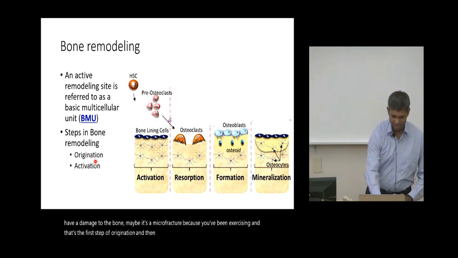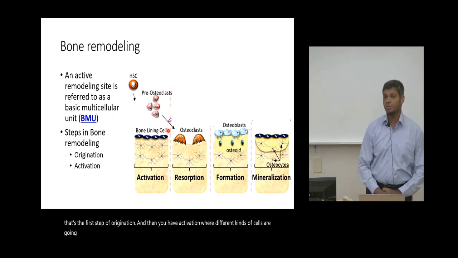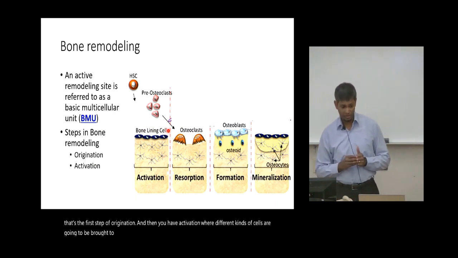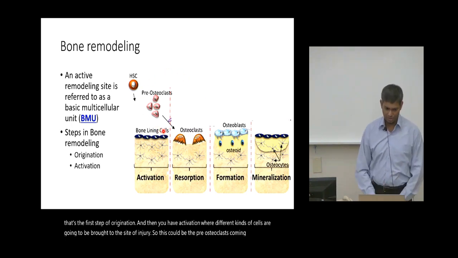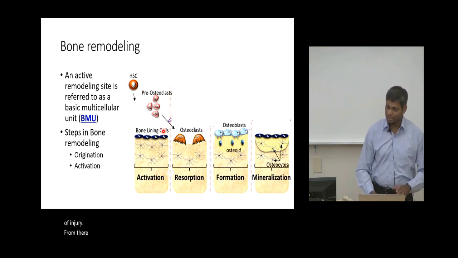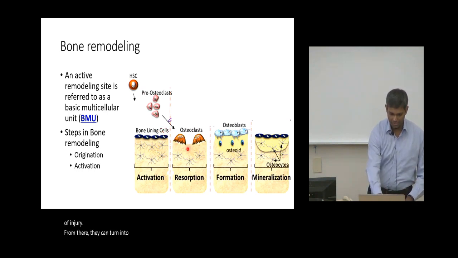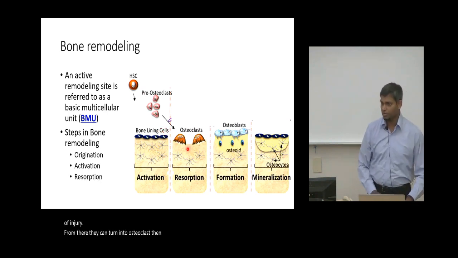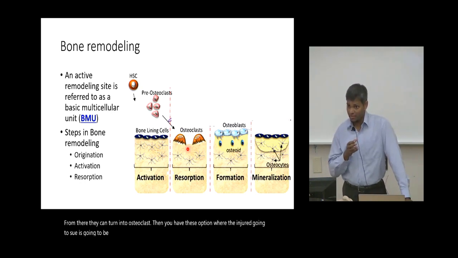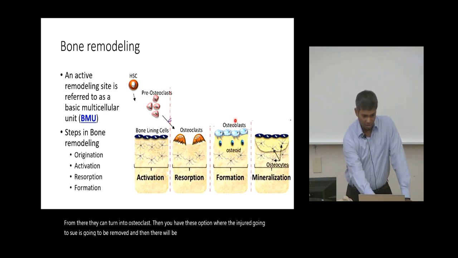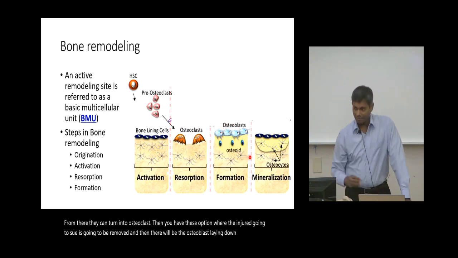And then you have activation, where different kinds of cells are going to be brought to the site of injury. So this could be the pre-osteoclasts coming to the site of injury, and there they can turn into osteoclasts. Then you have resorption, where the injured bone tissue is going to be removed, and then there will be the osteoblasts laying down fresh matrix, or the osteoid.